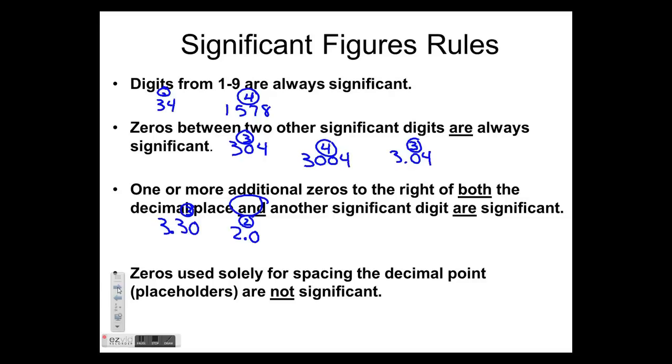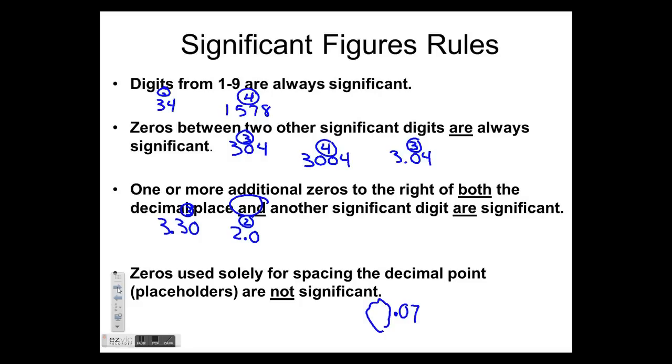Let's first start with a number like 0.07. Okay, the 7 obviously counts because it's not a 0. Does the 0 count though? Well, it's to the right of the decimal place, but it's not to the right of a number. There's no number here. Okay, so it doesn't fit for the third rule.